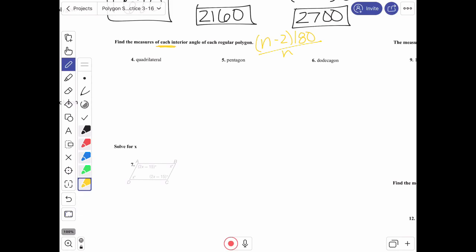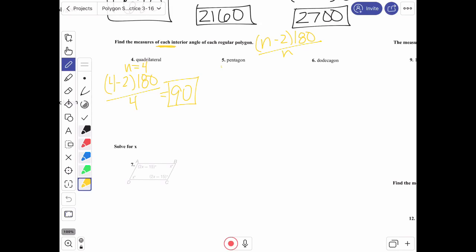That's the four-sided shapes. So that's when n equals 4. So I'm going to take 4 minus 2 times 180 divided by 4. So that's when we get 90 degrees, which makes sense because a square would be a four-sided shape, and it's also regular and all the angles are 90 degrees.